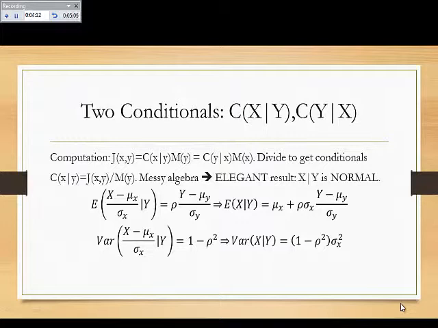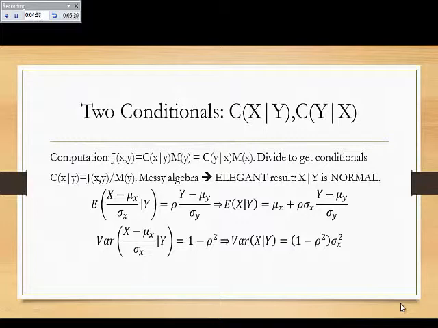When you look at the expected value of the standardization of x equal to rho times the standardization of y, then you multiply both sides by sigma x, and then you add mu x to both sides, and you get the second formula. So it's very simple, and it follows immediately from the relationship between the standardizations.